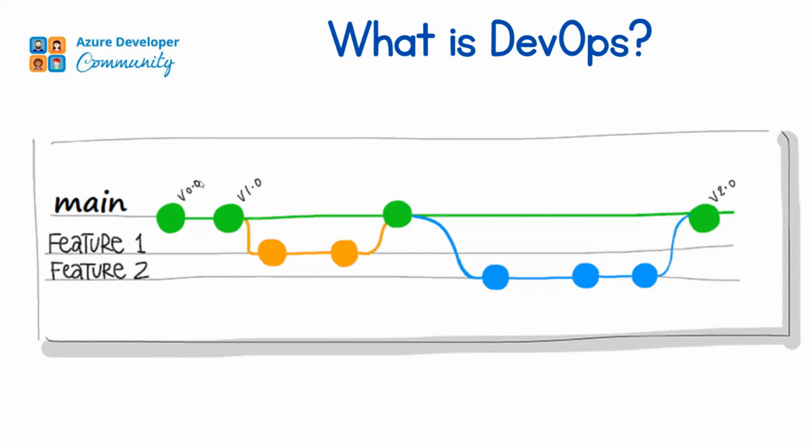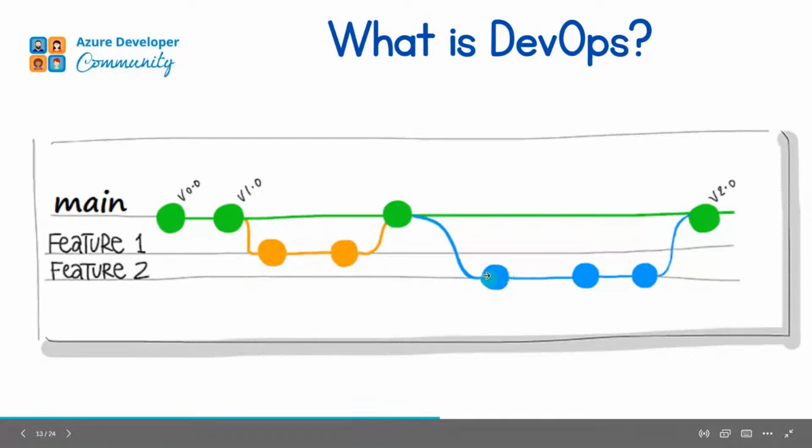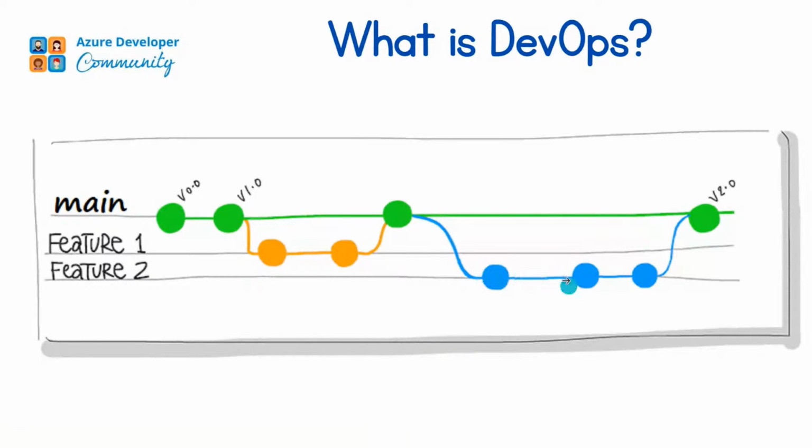Okay, so from version 1.0, we develop one feature and make changes to that. And if the customer is satisfied with our results, we deploy that on the main branch, then develop a second one, and go to the customer again.